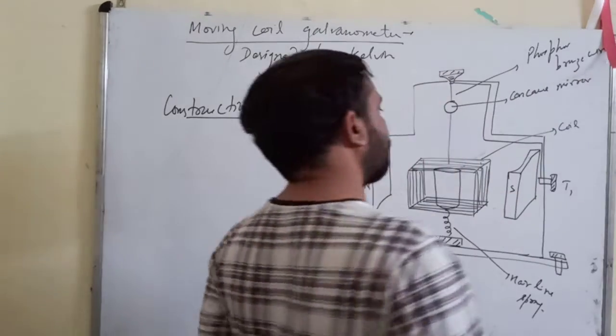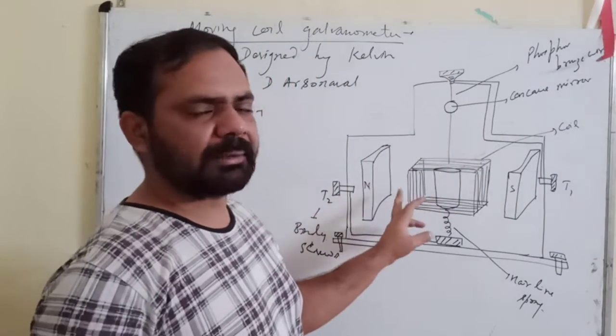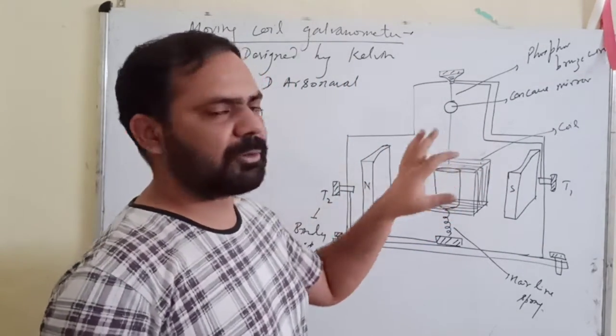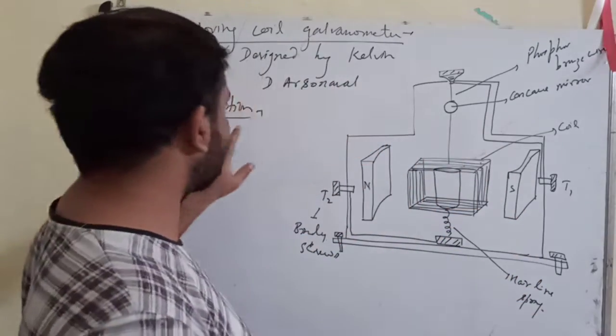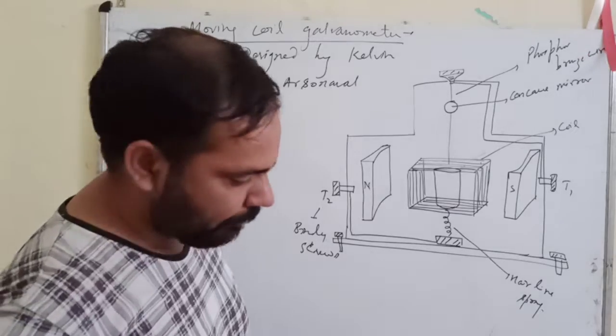With the movement of that needle over the scale, we find out how much current is flowing through the circuit. So this is the construction of the moving coil galvanometer, right?